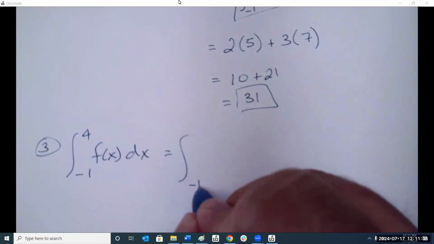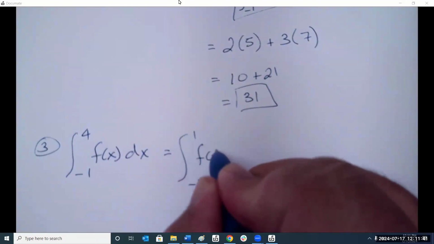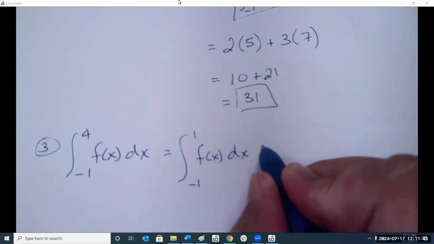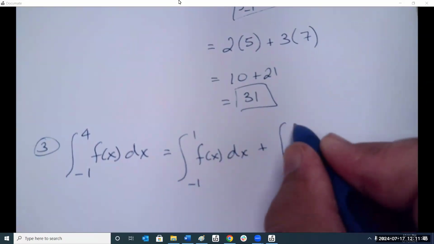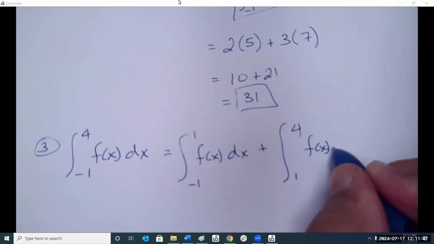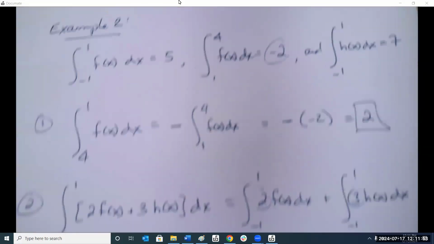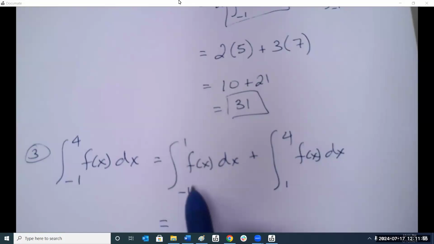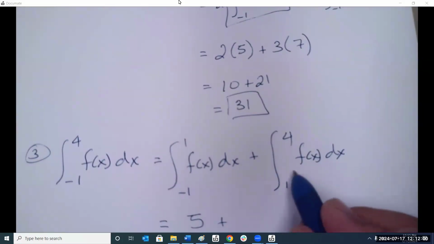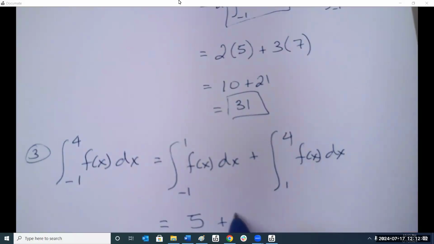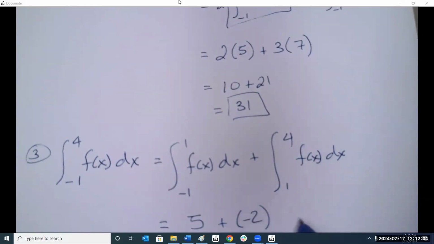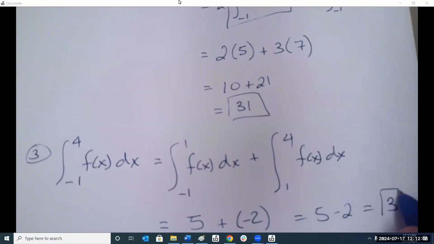So we've got to break it up from -1 to 1, and then from 1 to 4, because those are what's defined up there. The integral from -1 to 1 of f of x is 5. From 1 to 4 of f of x is -2. So it's 5 minus 2, which is 3.